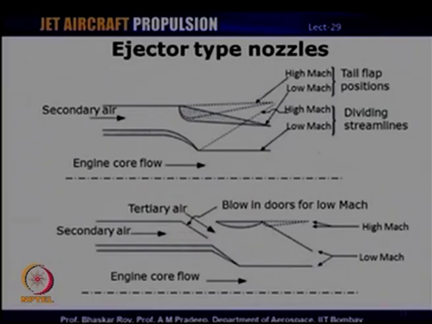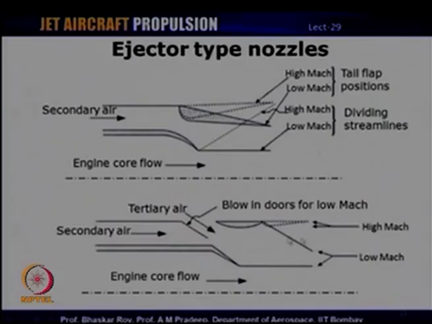Now, the same effect is also possible using a tertiary air, where one can use additional air, which is also known as the tertiary air, and result in a similar effect as what we had achieved using just the secondary airflow. So, here there is a secondary airflow as well as a tertiary air, and tertiary air is adjusted using what is known as a blow-in door, which is used for lower Mach numbers to achieve just a subsonic or a convergent nozzle.